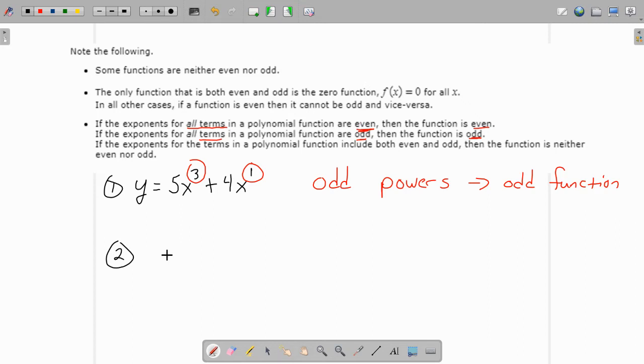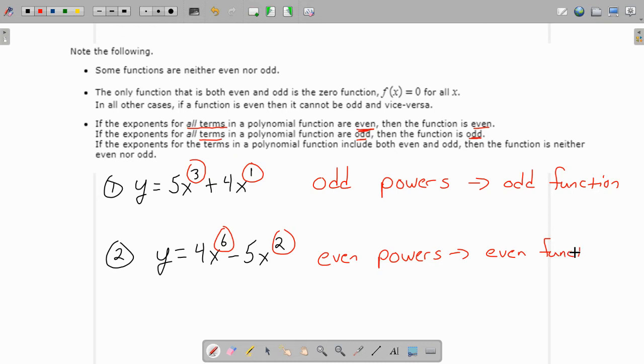Number 2, let's look at a couple even powers. 4x to the 6th minus 5x squared. 6 and 2, those are even powers, so that's an even function.